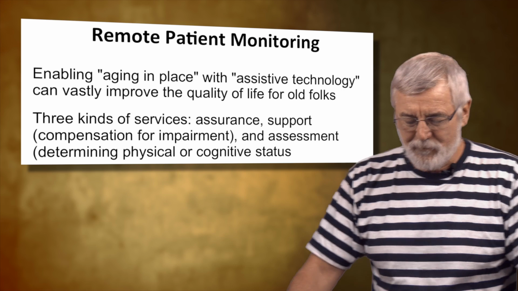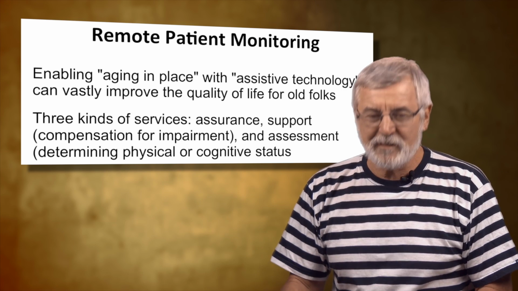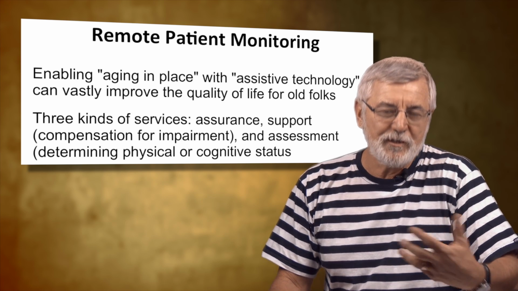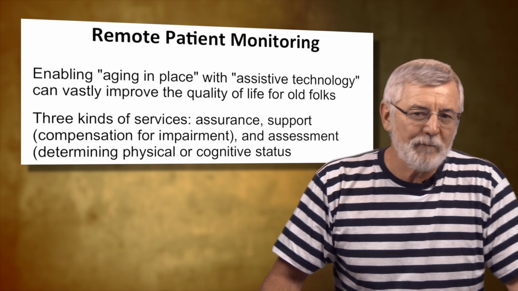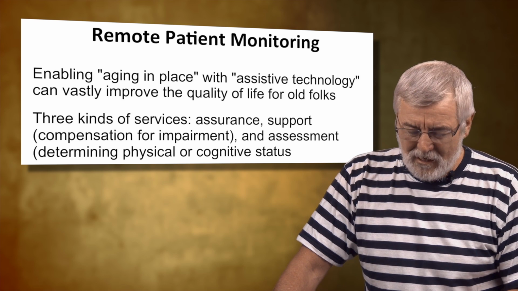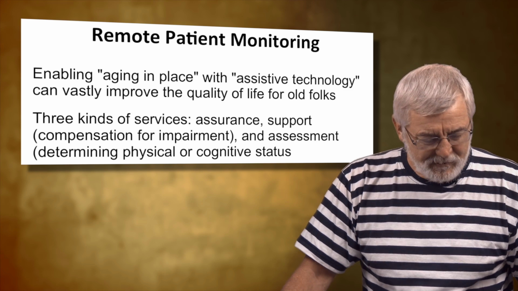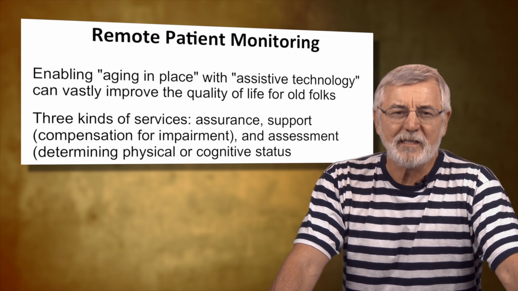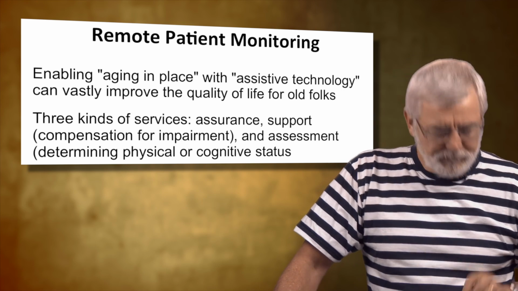That can vastly improve the quality of your grandma's life, where you're having various kinds of services that both assure you that your grandma is okay, maybe compensate for some impairment grandma has, or otherwise assess how grandma is doing. And this remote patient monitoring is really quite fascinating technology. Essentially, it's going to be a big growth industry for all the baby boomers like me who are growing old.